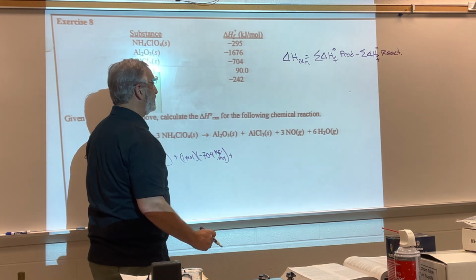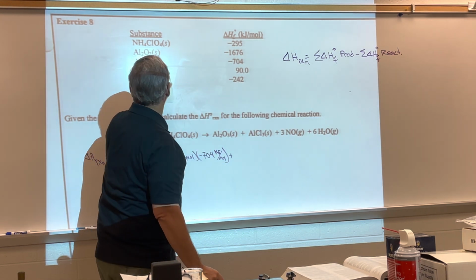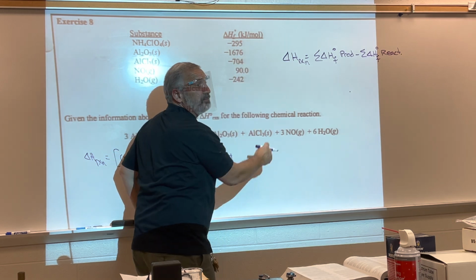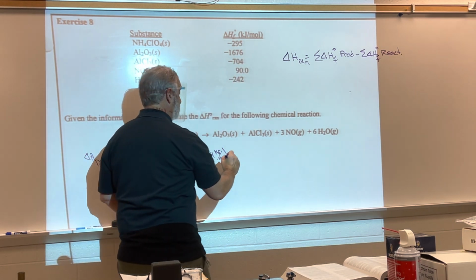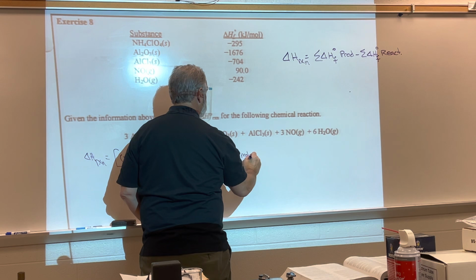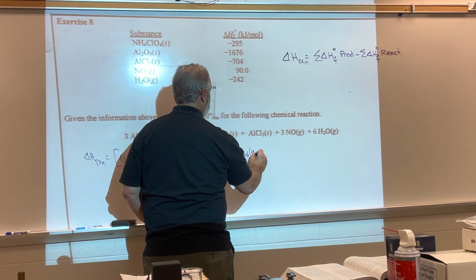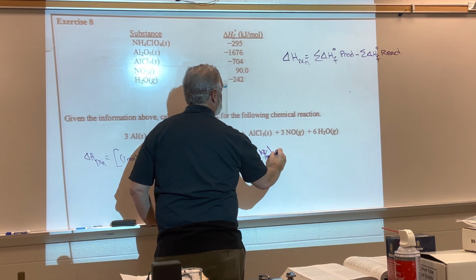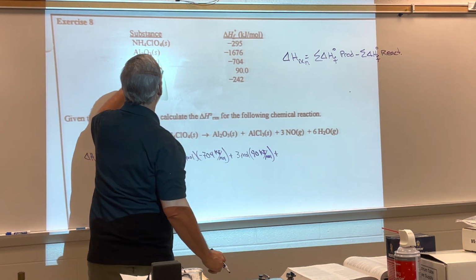Plus NO. The NO is plus 90, but this is kilojoules per mole, and we're making 3 moles. So it's going to be 3 moles times the 90 kilojoules per mole. Plus H2O gas.